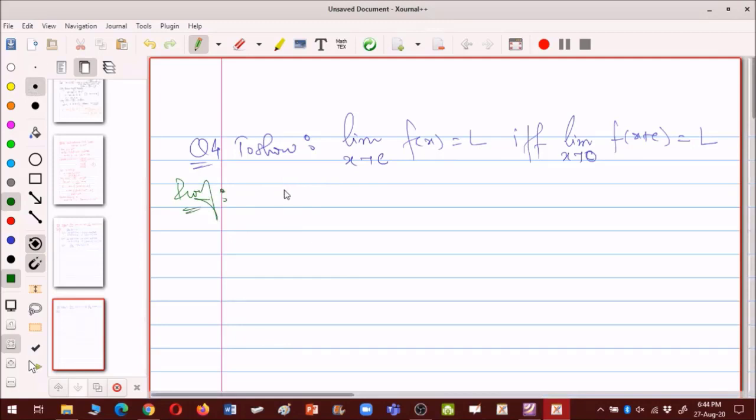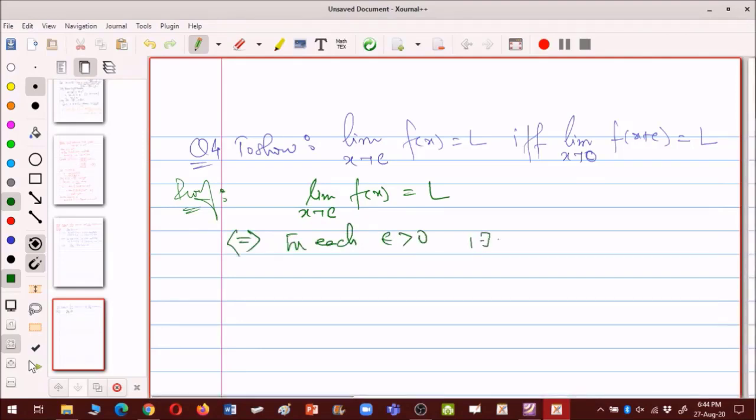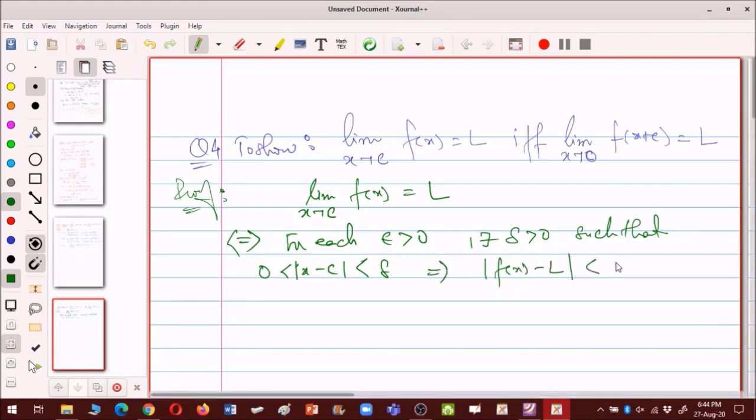So let limit x tends to c, f(x) equal to L. By definition of limit, this is equivalent to: for each epsilon greater than 0 there exists delta greater than 0 such that 0 less than |x minus c| less than delta implies |f(x) minus L| is less than epsilon.